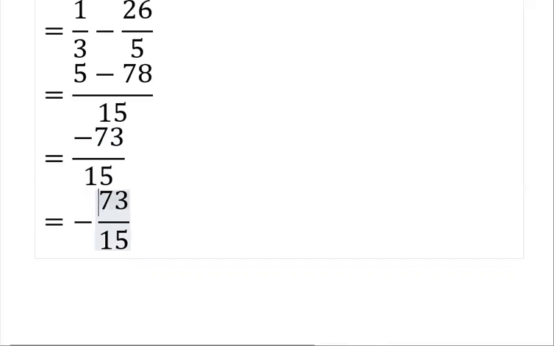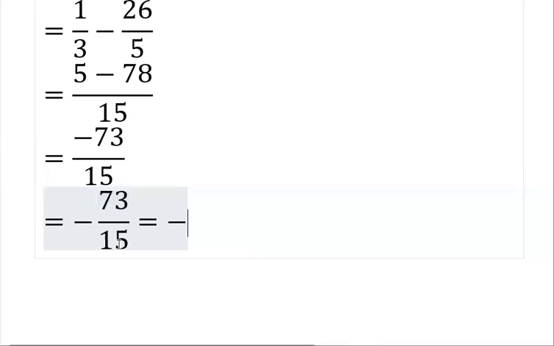So you can leave your answer like this or change it to a mixed fraction. It is still the same. That's how we come about our minus 73 over 15. You can leave it like this or change it to a mixed fraction. Okay, let's change it to a mixed fraction.